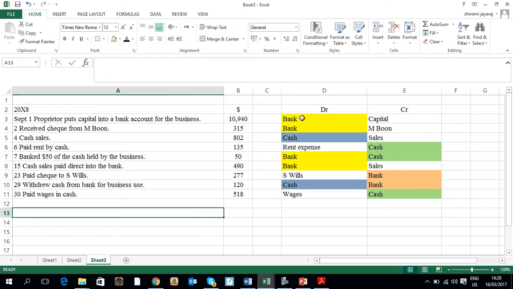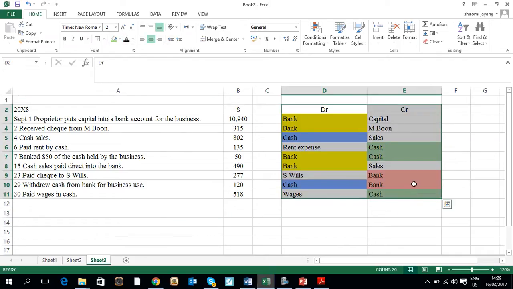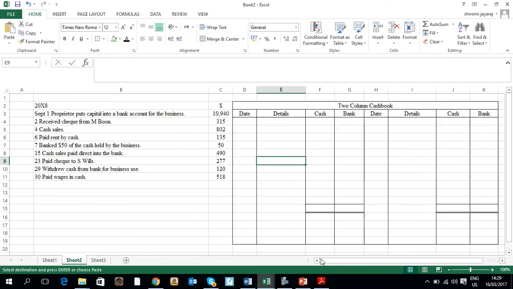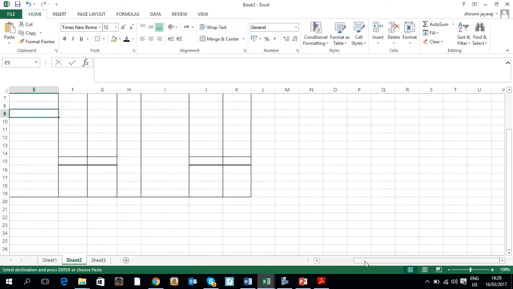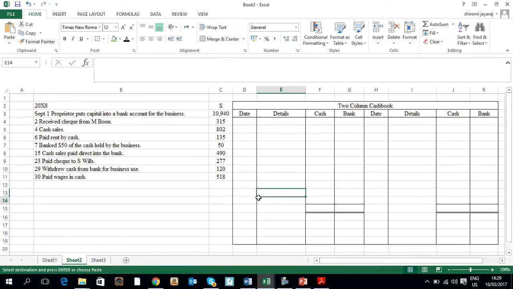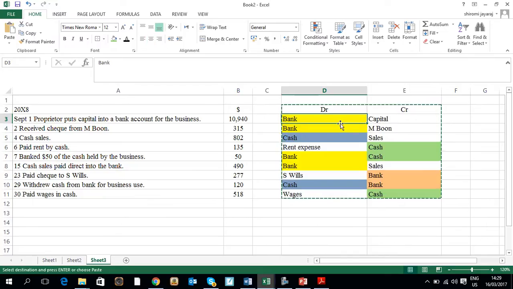Now let's put these entries into a two-column cash book. The first entry says September 1st, proprietor puts capital into the bank account for the business. Double entry is bank debit, capital credit.